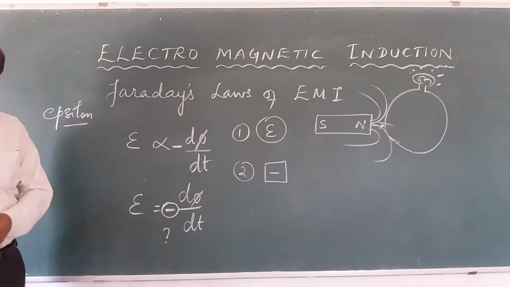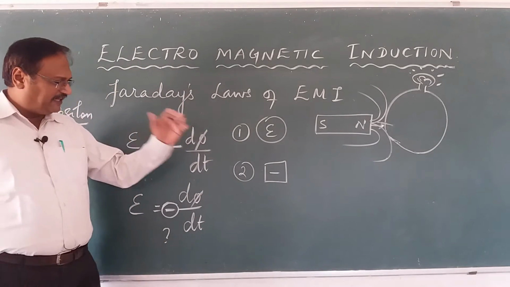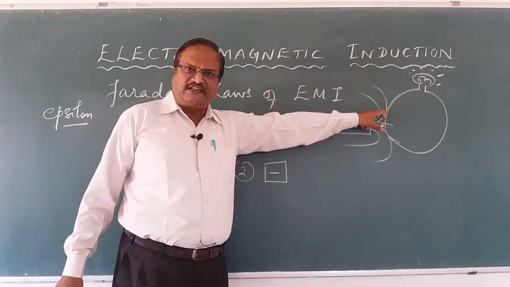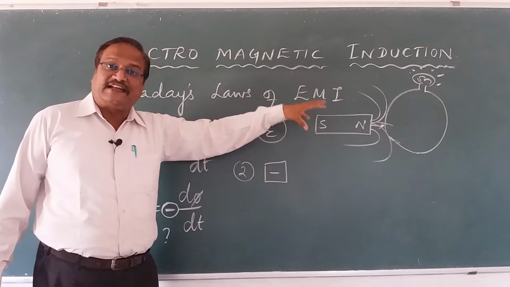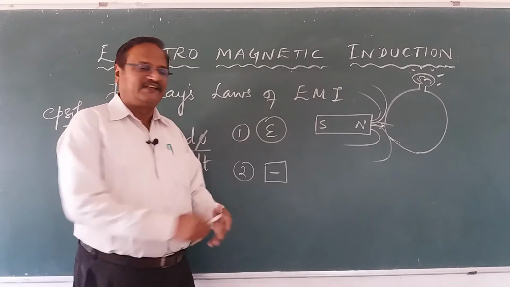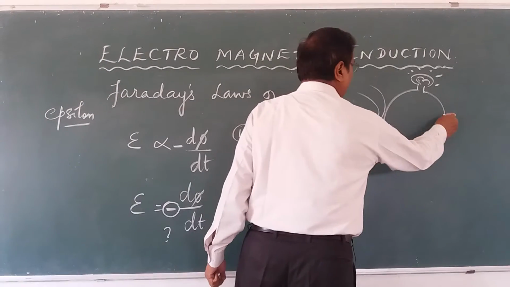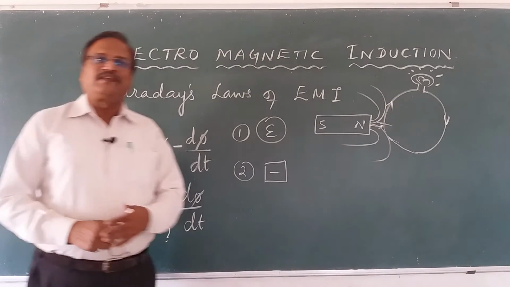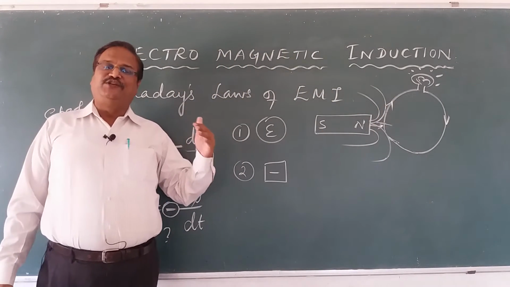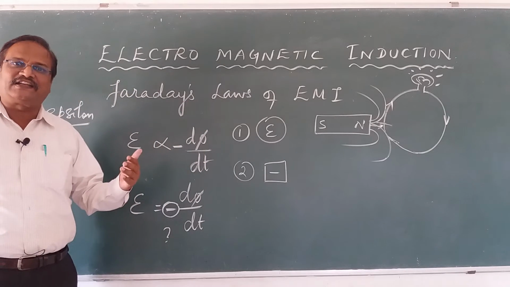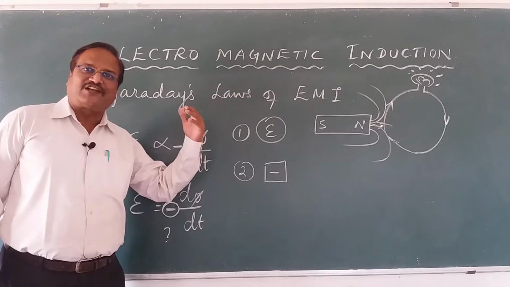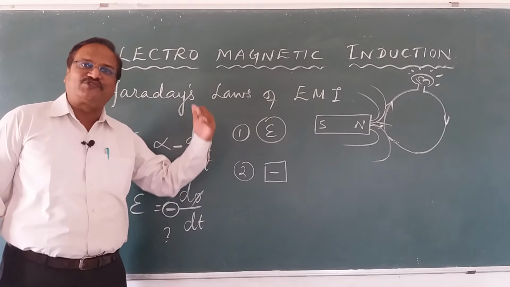It says that the direction of the induced current can be clockwise or anti-clockwise. That depends on the direction of the induced current being such that it opposes the cause that produces it.